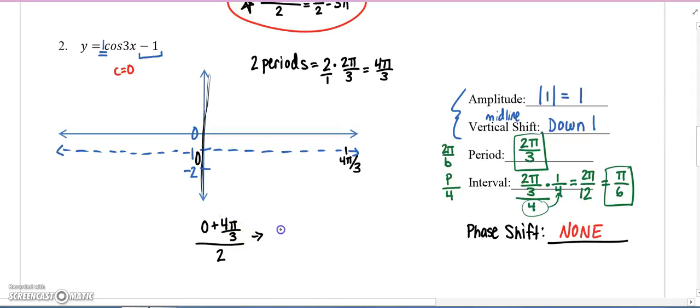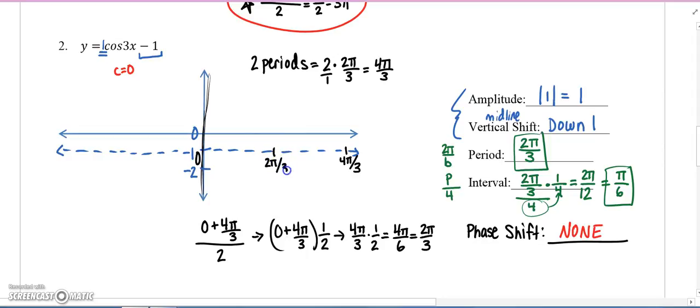So instead of dividing by 2, we're actually going to take 0 plus 4 pi over 3 and then multiply it by a half. Cutting it in half, right? Same thing. So that's going to give me 4 pi over 3 times 1/2, which is 4 pi over 6, and that simplifies to 2 pi over 3. So my halfway point is 2 pi over 3.